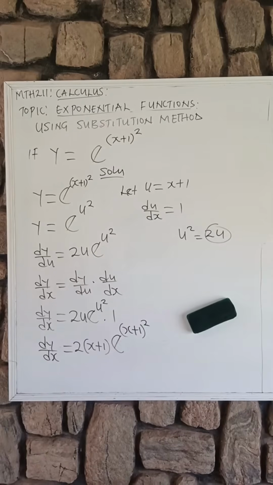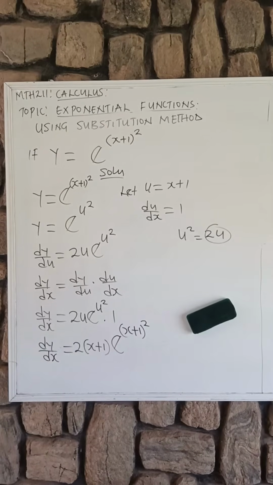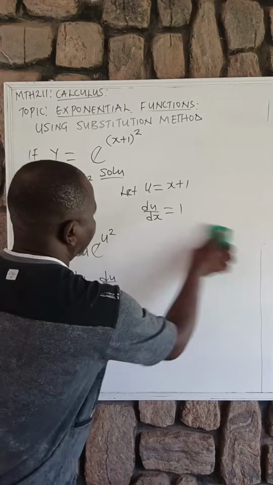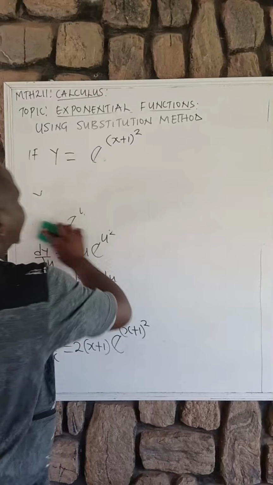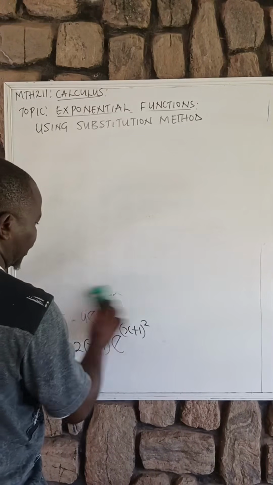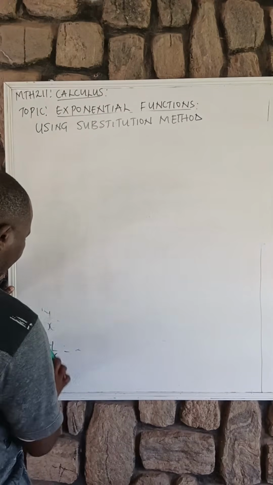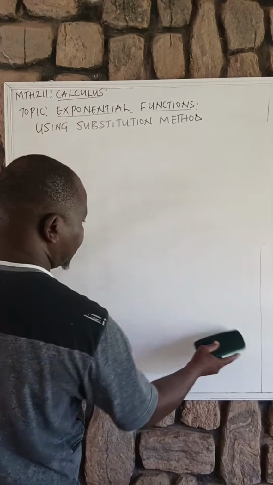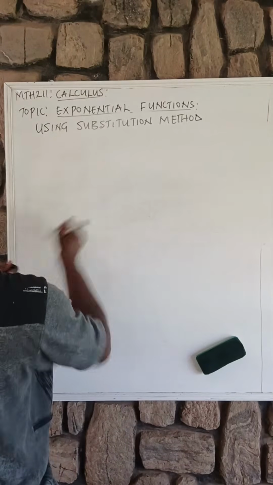No question. Okay, let's solve another problem. Then I'm going to drop an assignment. It means on Monday all of you are submitting. Try and inform others who are not here. Let's look at another problem.